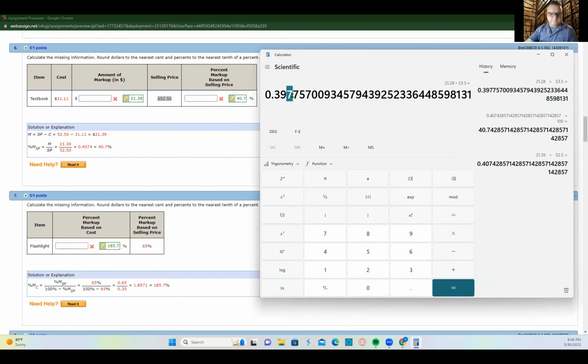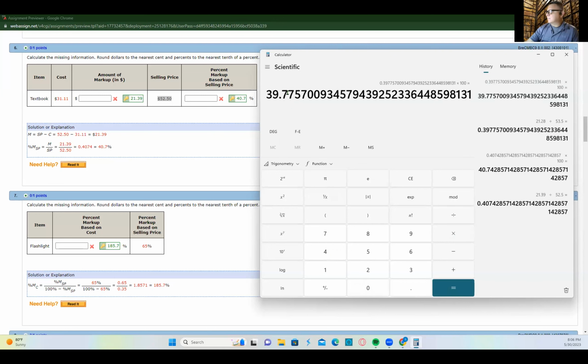Yep, that would be 39.8% when you round it. Good job.